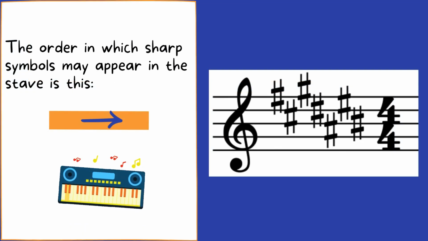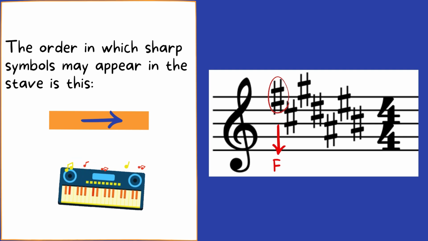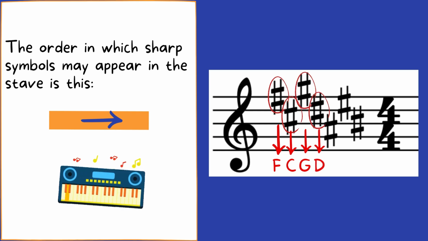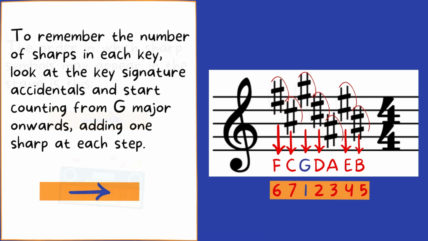The order in which sharp symbols appear in the stave is this: F, C, G, D, A, E, B. To remember the number of sharps in each key, look at the key signature accidentals and start counting from G major onwards, adding 1 sharp at each step.